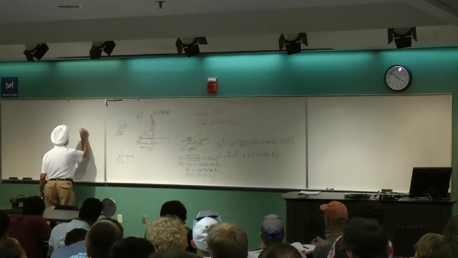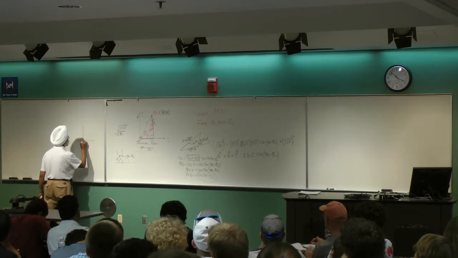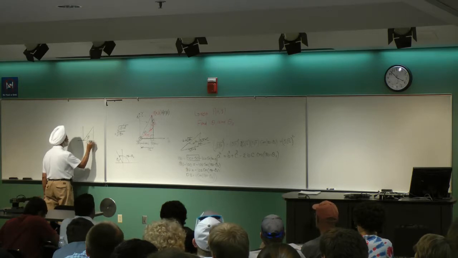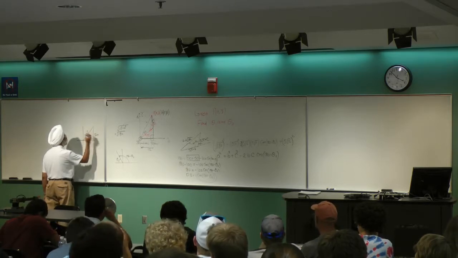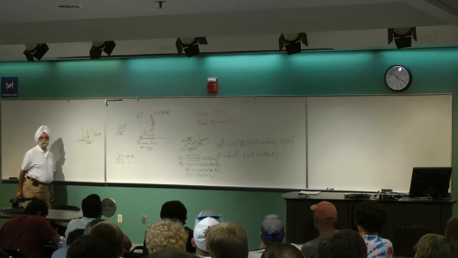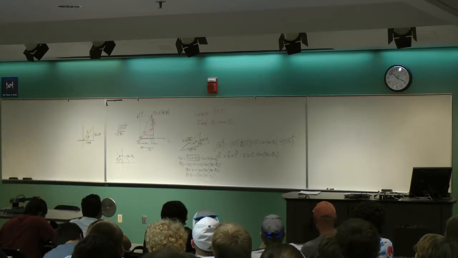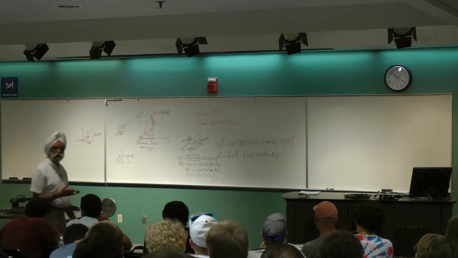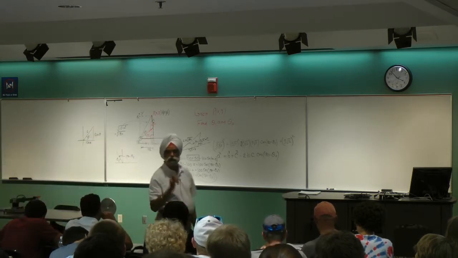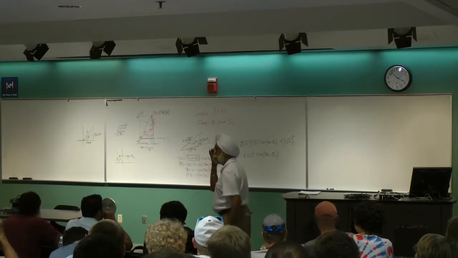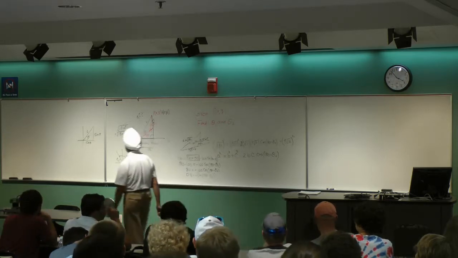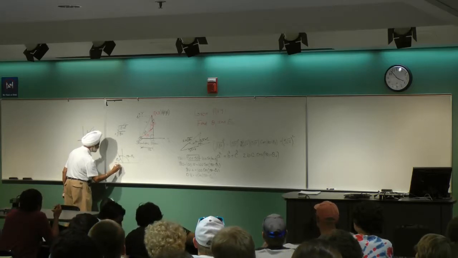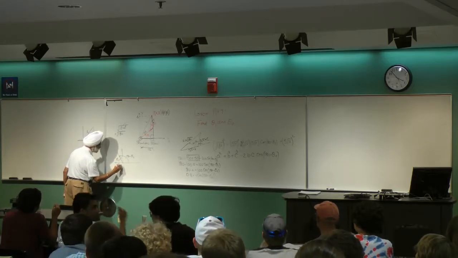If I take this triangle and this is my angle theta, this is cosine, this is sine. If the hypotenuse is 1, the base is going to be cosine and the vertical is going to be sine. So based on that, taking simply a 1 there, cosine of theta 2.